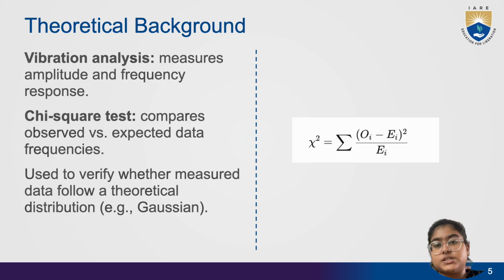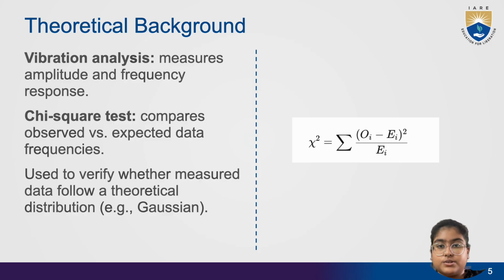Before explaining the procedure, let's briefly look at the concept behind the chi square test. The chi square test is a goodness of fit test used to compare an observed data set with an expected theoretical distribution. For example, comparing measured vibration amplitudes to a normal distribution that represents healthy machine behavior.